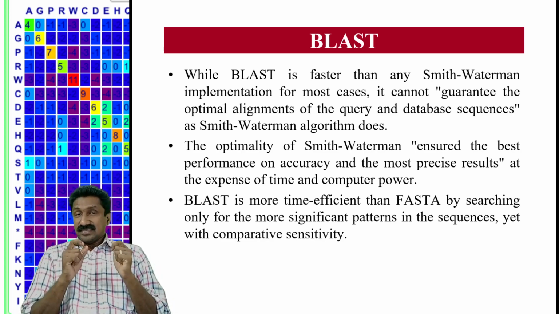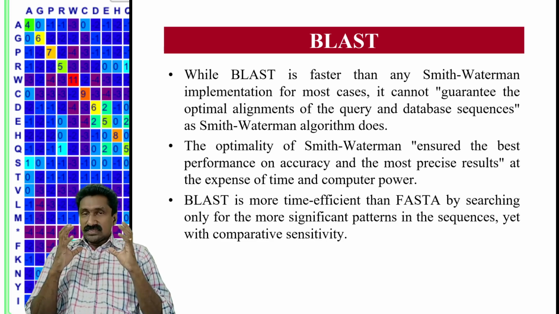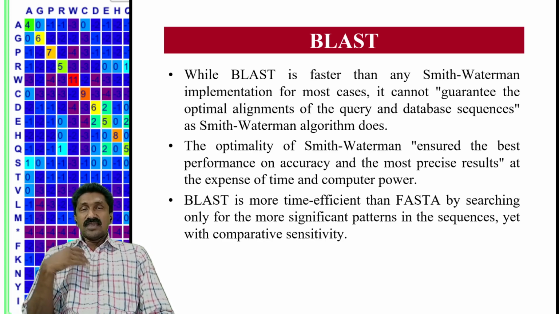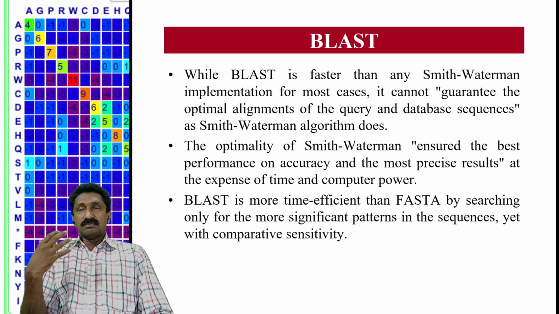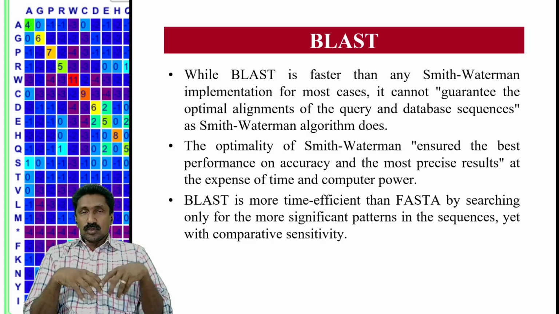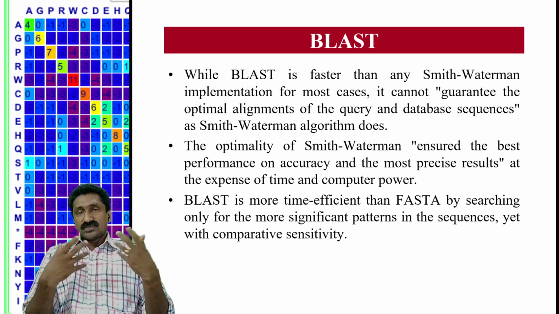The difference is that Smith-Waterman is a dynamic programming method, a computationally intensive search process which compares almost every possibility of alignment between the sequences. BLAST, in contrast, is a rapid search method.